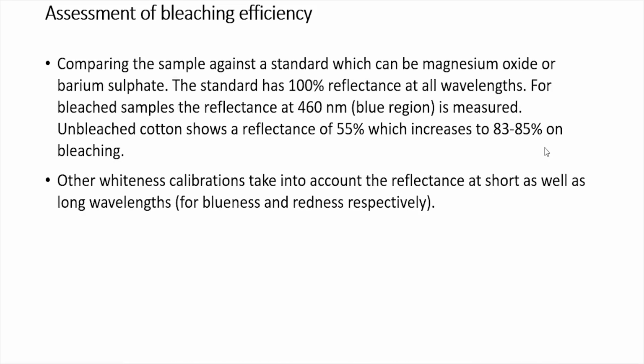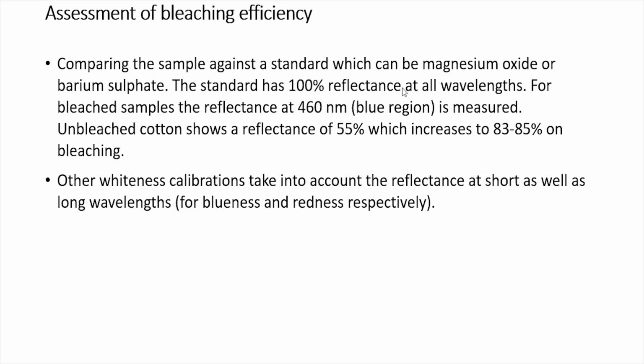And assessment of bleaching efficiency. So there are different methods used to assess the bleaching efficiency. One method is comparing the fabric with the standard white. So mostly bleaching is assessed based on the whiteness.